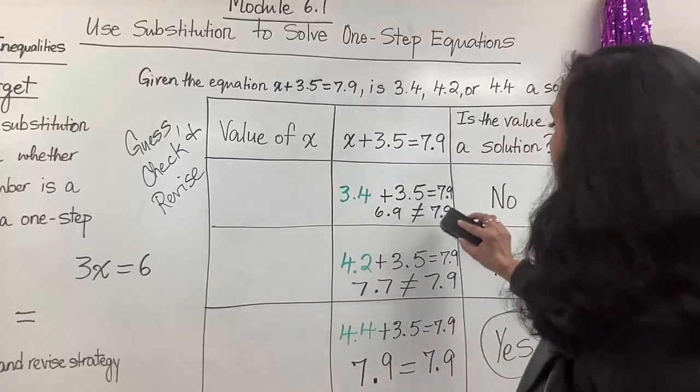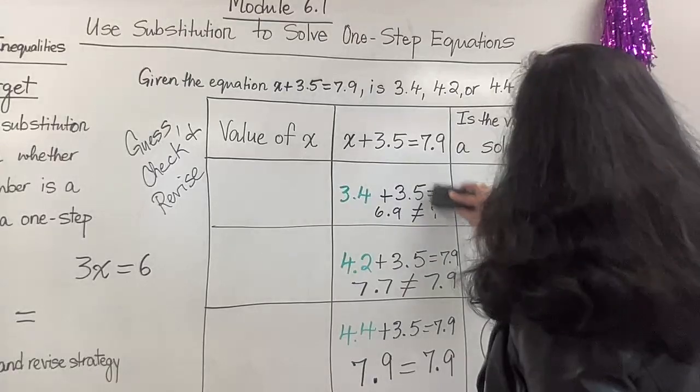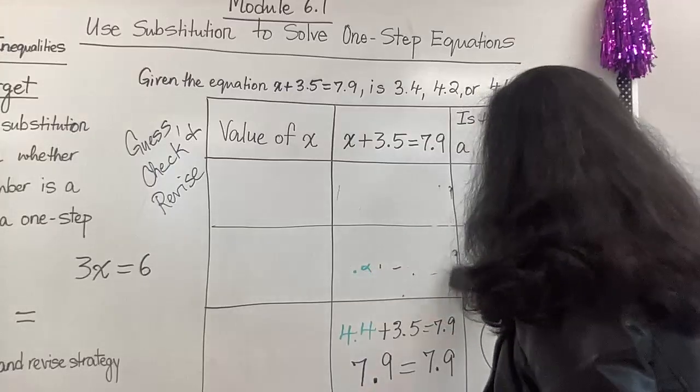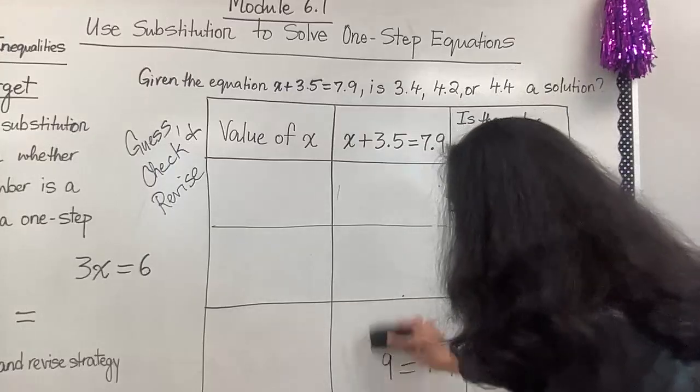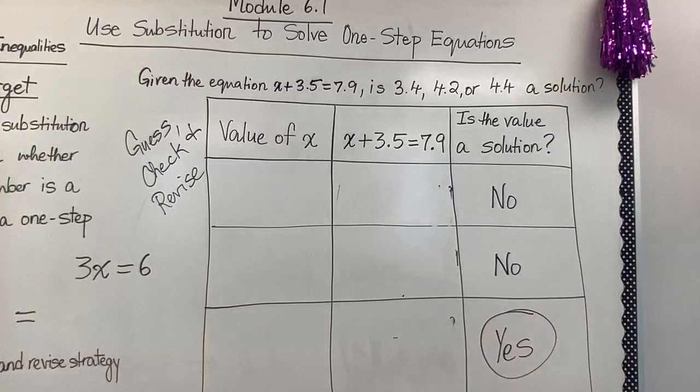Okay. And what we're going to do now, we are going to take a reasonable value. So let me just erase this whole thing. All right, here we go. All right. So now let's look at this.